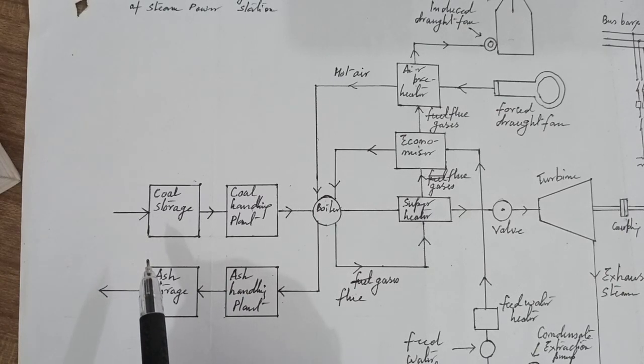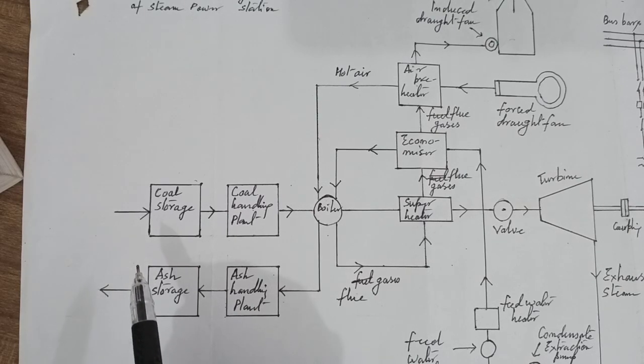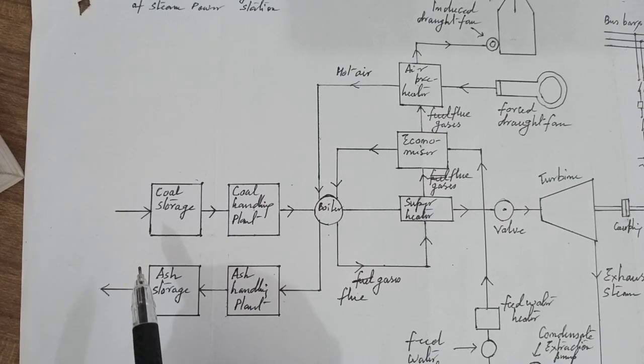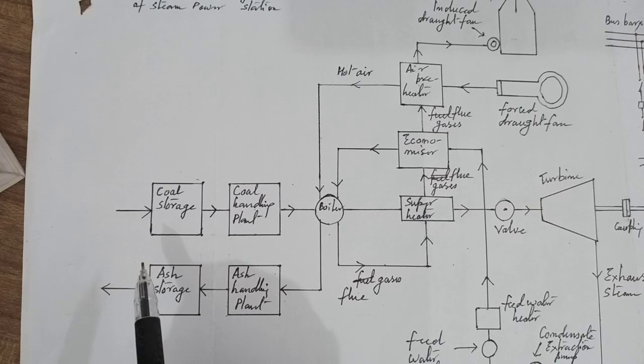The heat of combustion of coal in the boiler is utilized to convert water into steam at high temperature and pressure. The flue gases from the boiler make their journey through superheater, economizer and air preheater and are finally exhausted to atmosphere through the chimney.